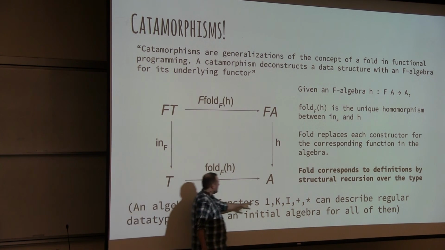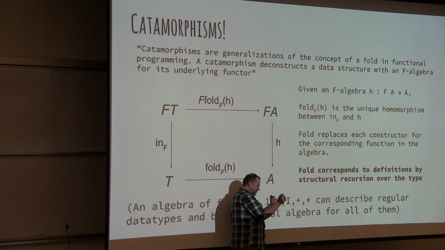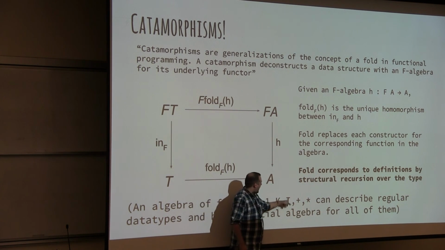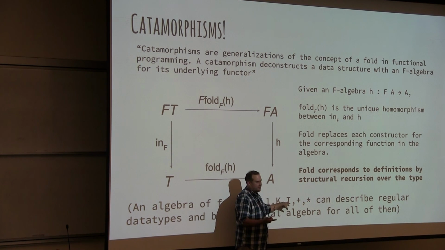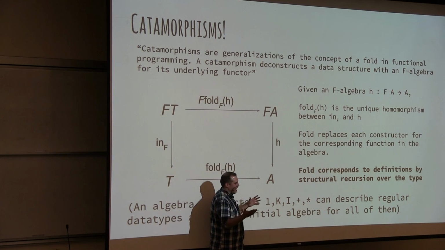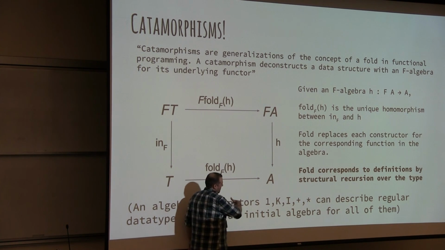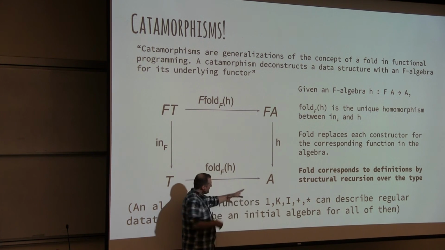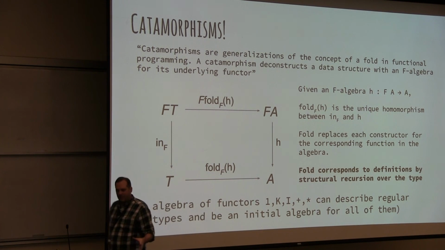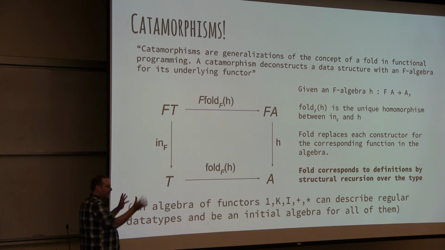Let's say these are the combinators: the product to put things together, the coproduct or sum to put alternatives, the identity, which represents the recursive call, the constant to hold a value, and 1 is the unit, the empty nothing value, as in the case of nil. With this I can describe trees, lists, and most regular data types. Now I have one thing that describes all my data types.